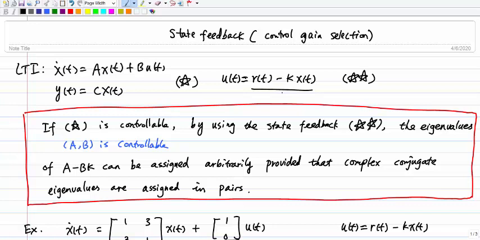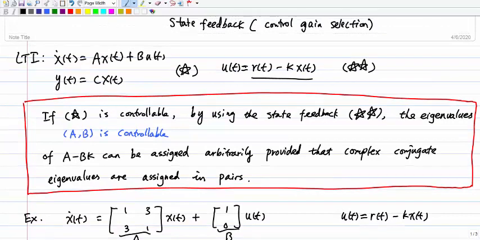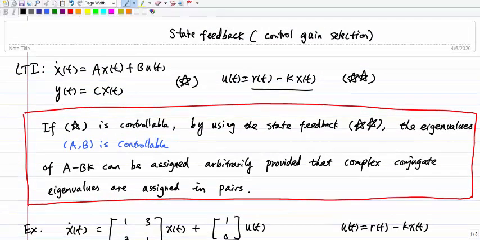Here's a property in terms of whether we can design a control gain such that we can reassign the eigenvalues of A minus BK, because that's the goal we want to achieve. We want to assign the eigenvalues of A minus BK such that the system is stable, for example. So what condition is sufficient to guarantee that we can design this K such that A minus BK can be arbitrarily assigned?